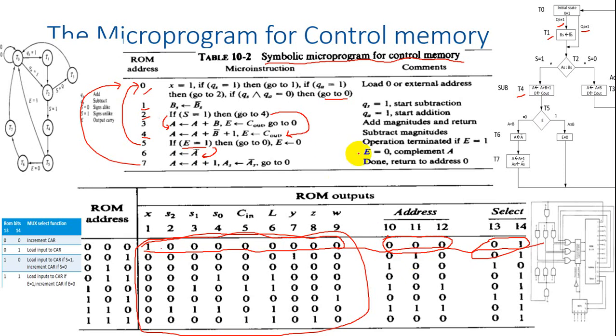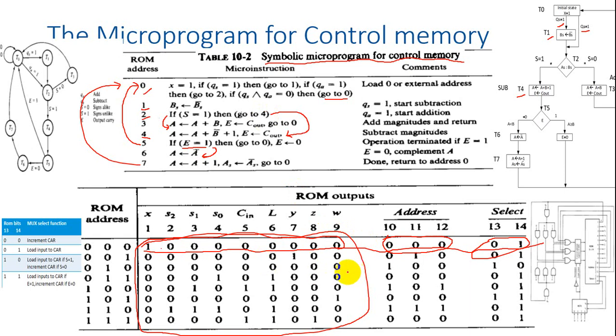Like over here, if the condition is true, S equal to 1, then go to 4. You will jump to 4. From T2, if the condition is true, you will go to T4. And if the condition is false, then you will not go to T4. You will go to the next line, T3.